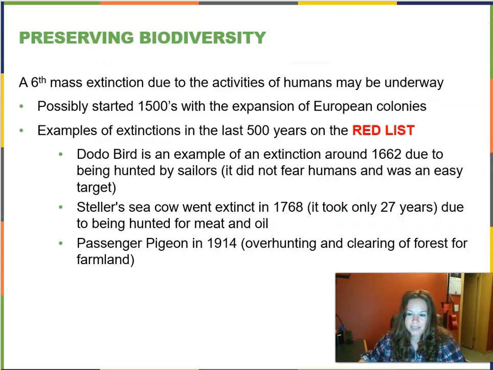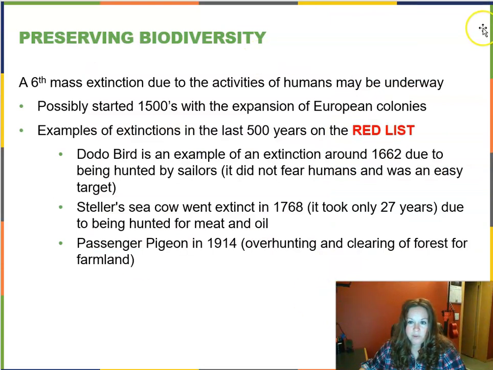A 6th mass extinction is argued to be underway as we speak, due to the activity of humans. This possibly started in the 1500s with the expansion of European colonies. Examples of extinctions in the last 500 years have made a list called the Red List.